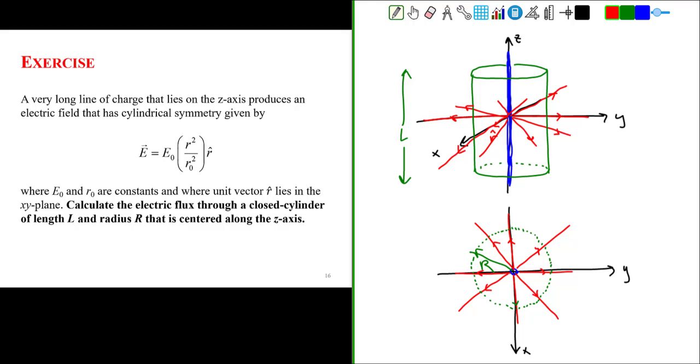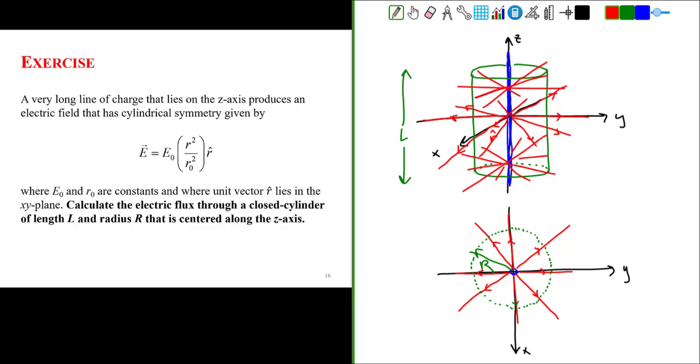Now, the top diagram isn't really fully representative of the electric field because since it has cylindrical symmetry, we could draw electric field vectors coming down this way, and up here, and anywhere through.